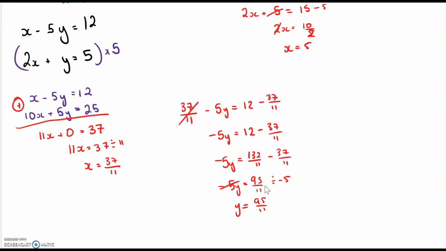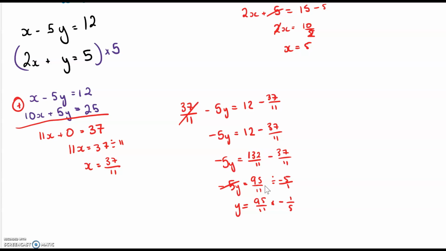Now, if you wanted to, you could just tap this in your calculator and you could work it out. But I'm going to do it a little bit differently. So I know if I'm dividing by, that's negative 5 over 1 as a fraction. And I know if I'm dividing by that, that's the same as timesing by negative 1 over 5, if I flip that fraction and change the sign.